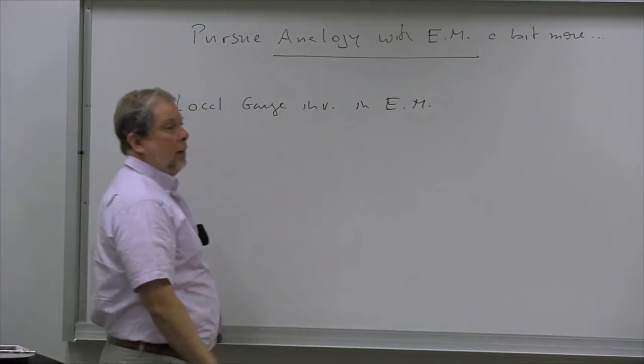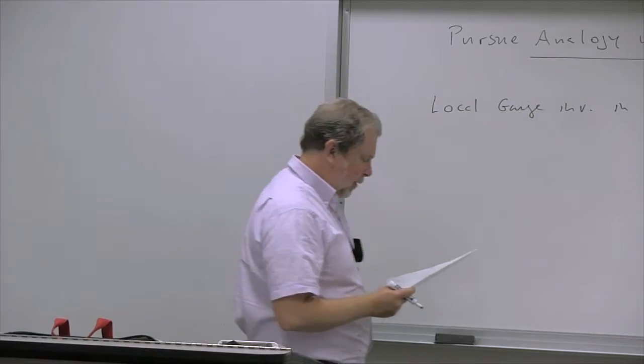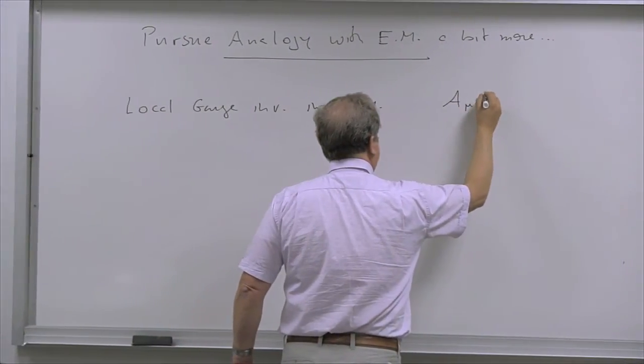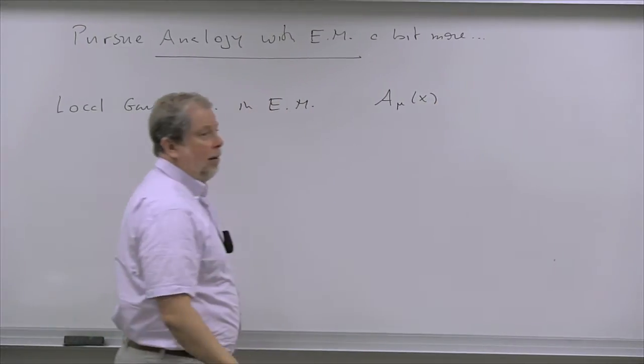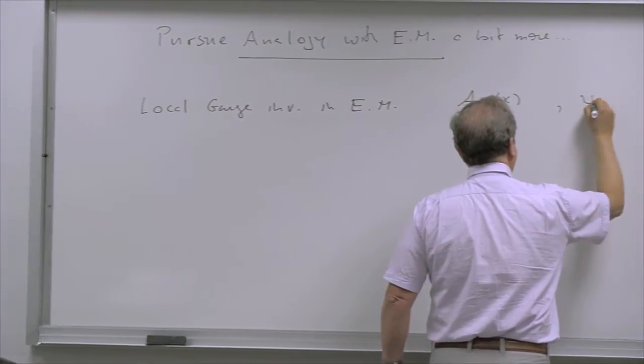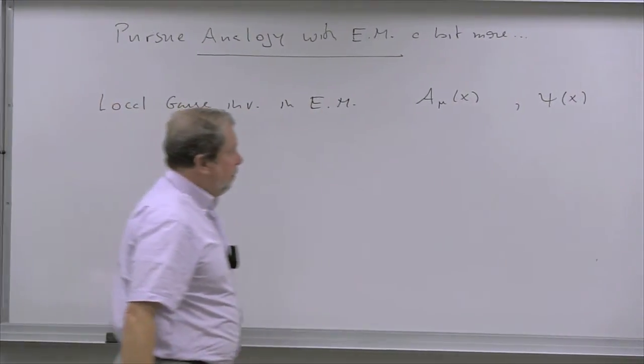This is something that we learned, for example, in the quantum mechanics class, right? And so we have, of course, the electromagnetic field, A mu of x, and we also have matter fields. Matter fields are described by some psi of x, for example.